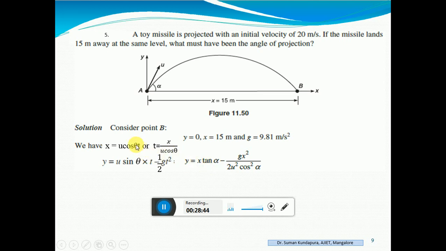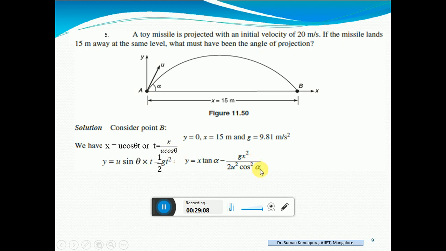So please stick to the same indication, that is alpha I have given, so either it is alpha or theta, these angles are same. Now you got x tan alpha minus half g t square, t is x square divided by u square cos alpha.